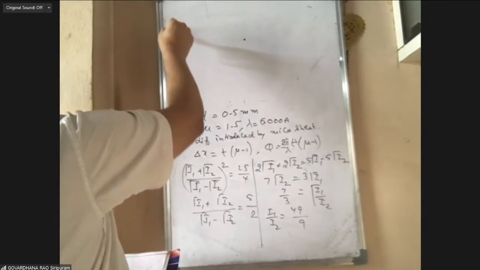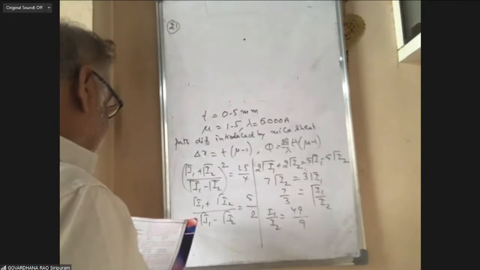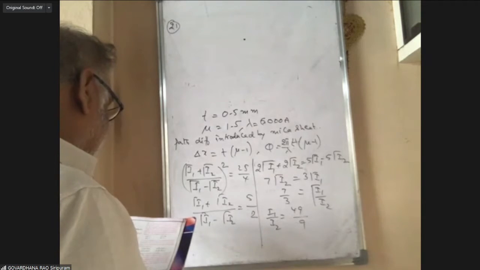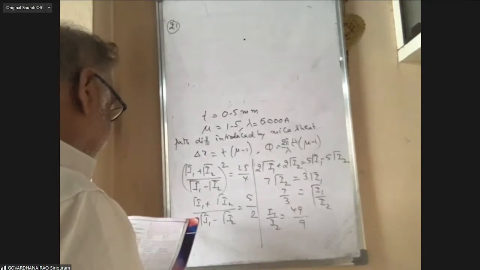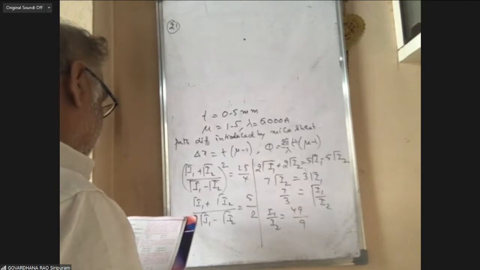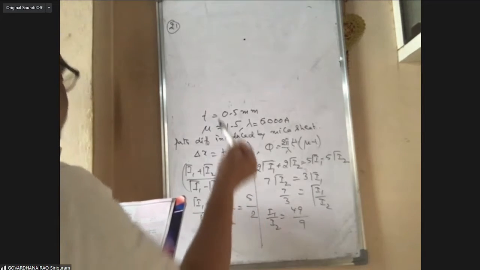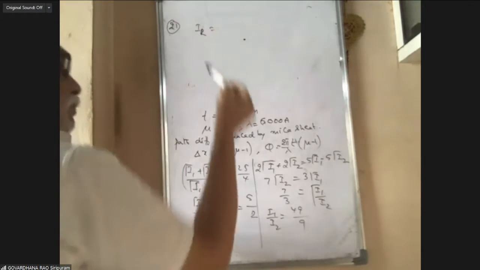Next, question 21. In YDSE, using monochromatic light of wavelength lambda, the path difference corresponding to any point having half peak intensity. Half peak intensity. So the resultant intensity, peak intensity is 4I naught, and half of it is 2I naught.